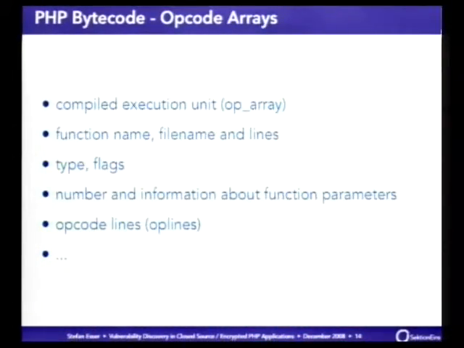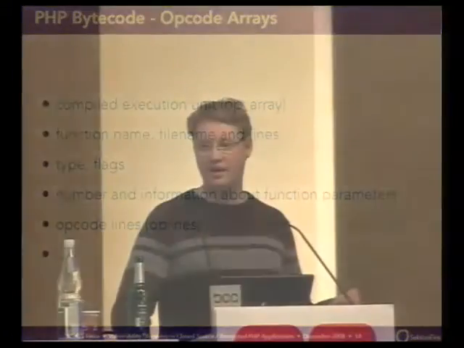And within this structure, there's the function name this opcode array belongs to, there's the file name, and there's the line numbers this was compiled from. There's some type information like which kind of function, which kind of method this is, a private, protected, or public one. And there are some other flags like if this is an internal function or a user space function.